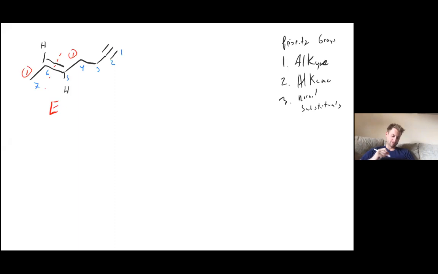So to name this molecule here, our double bond starts at 5, so this would be a 5E. We have 7 carbons, which makes it a heptyne. When you have both a double bond and a triple bond, you're going to put the double bond first. So you would name this as a hept. You would indicate where your double bond is. 5-ene. And then you're going to indicate where your triple bond is. So 1-yne.